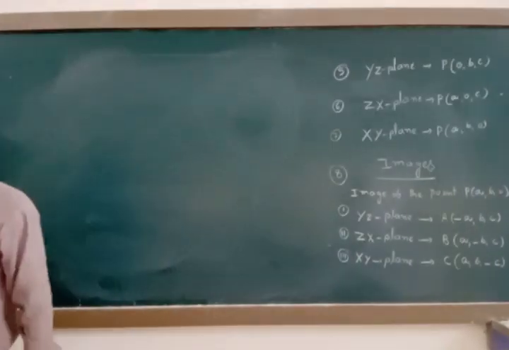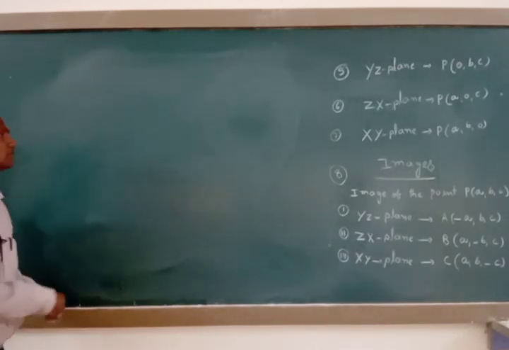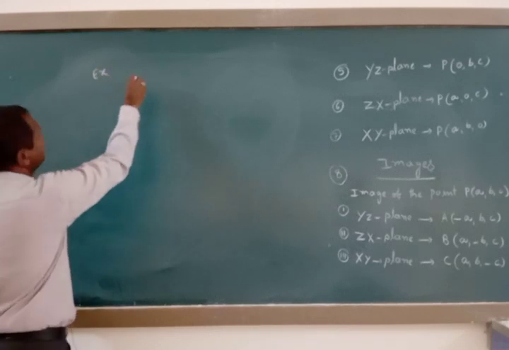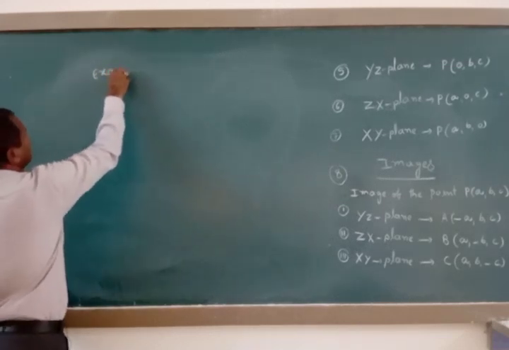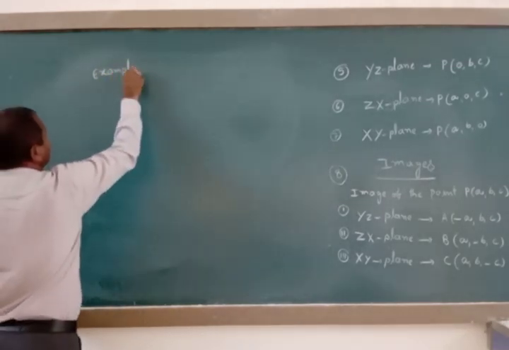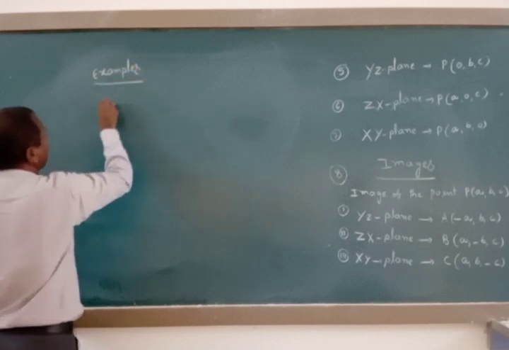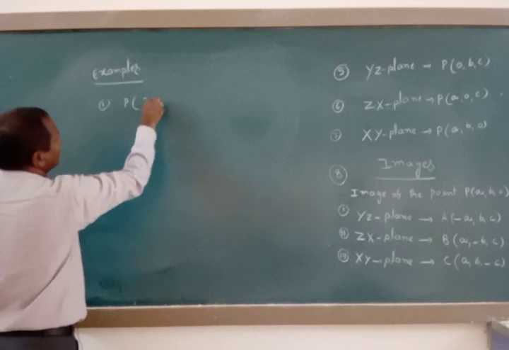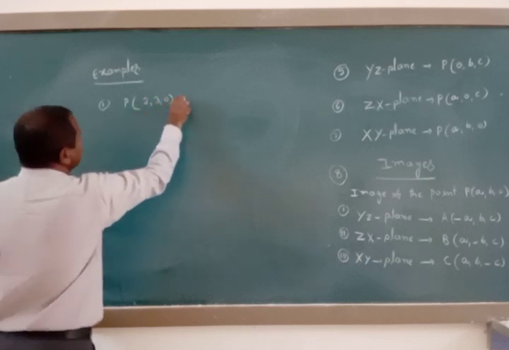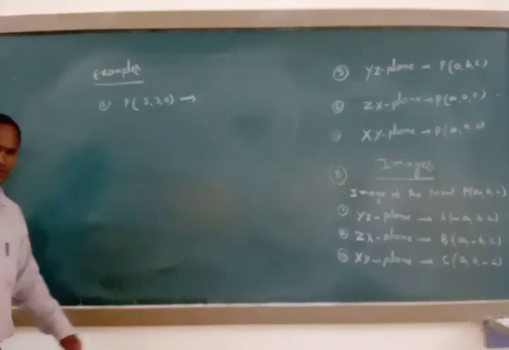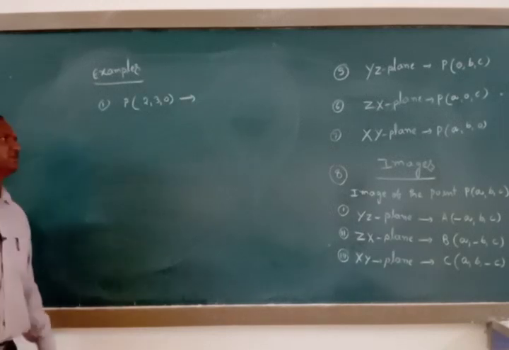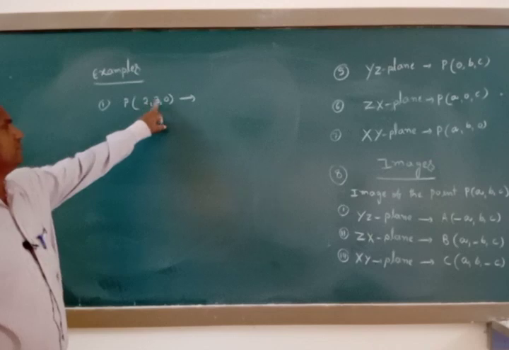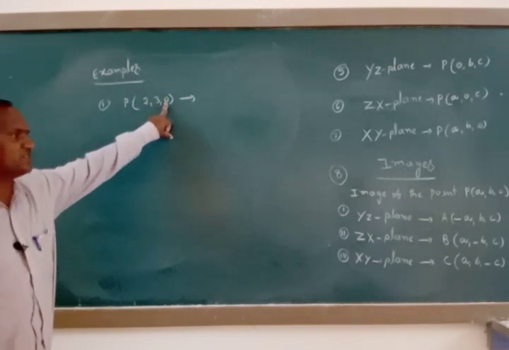See, first, examples on planes and images. One: point (2, 3, 0) lies in which plane? When they ask about the plane corresponding to the point, here the z coordinate is 0.